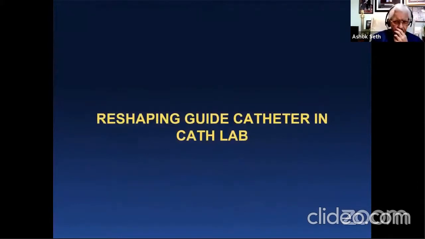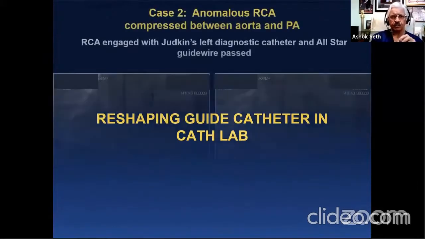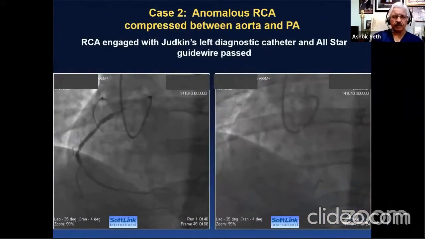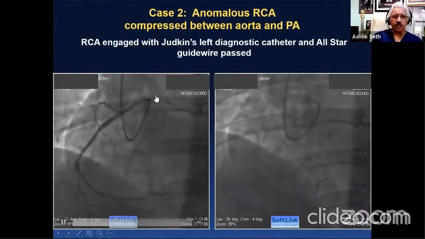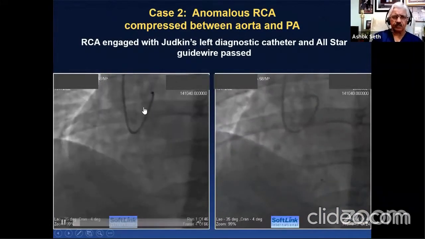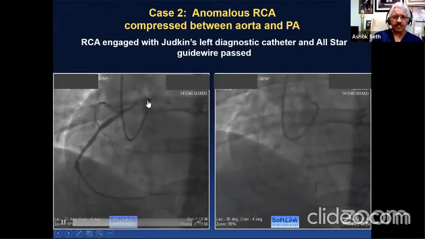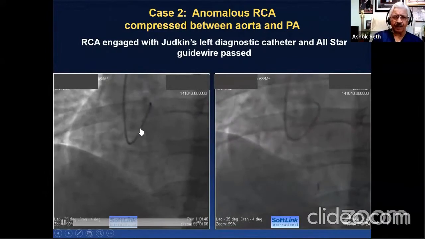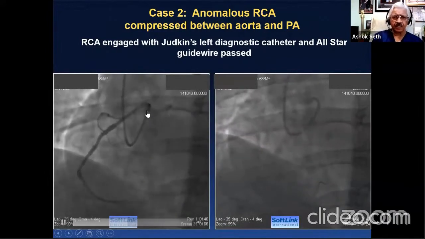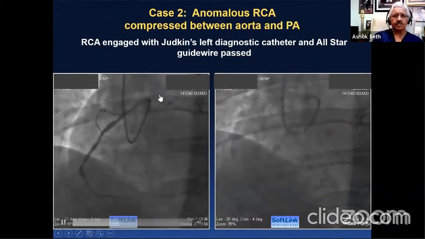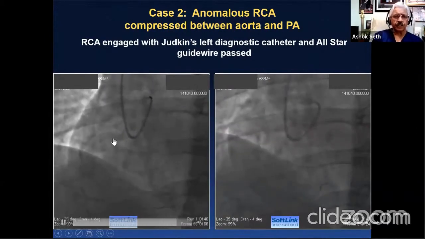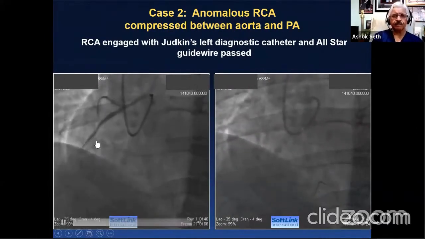Reshaping guide, I've already told you about this and demonstrated it. Here's an anomalous right. You can see this runs in an interarterial course. The way you recognize an interarterial course is by the fact that it's a slit-like orifice and that you have this haziness in the proximal segment where it gets slit-like, compressed, and maybe even intramural out here. You, of course, have a high-grade stenosis further down.